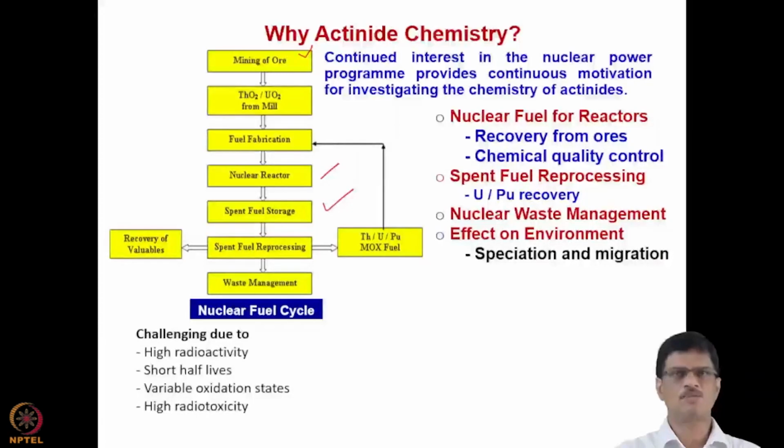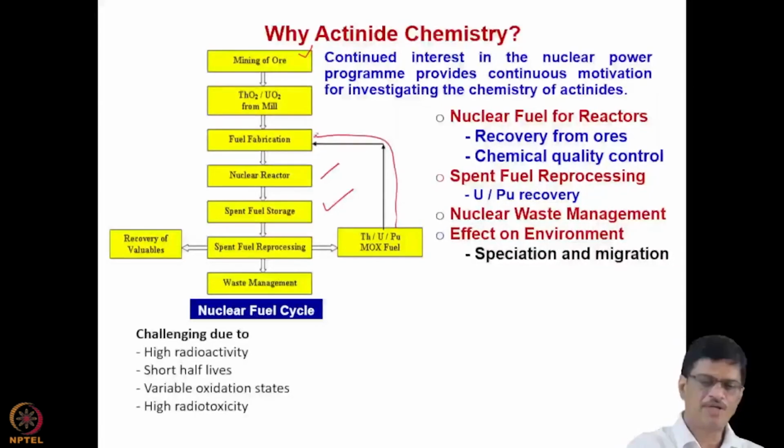There the radioactivity decreases over the course of time, and afterwards the spent fuel reprocessing is done, where the valuables like uranium and plutonium are recovered. In case of the AHWR fuel, we have to recover the thorium and also the uranium-233. Uranium and plutonium can be used as the mixed oxide fuel, or MOX fuel, and again it goes back for fuel fabrication and to the reactor.